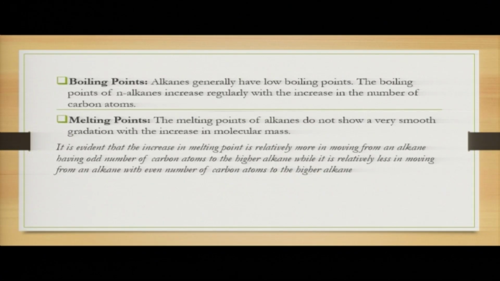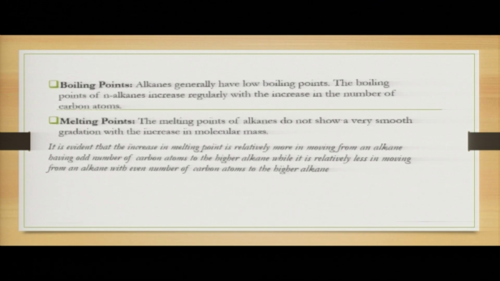There is some increase as you move down. As the number of carbon atoms increases, there is an increase in the boiling point. As the compound becomes bigger, the intermolecular forces increase, and therefore the boiling point and the melting point will also increase.